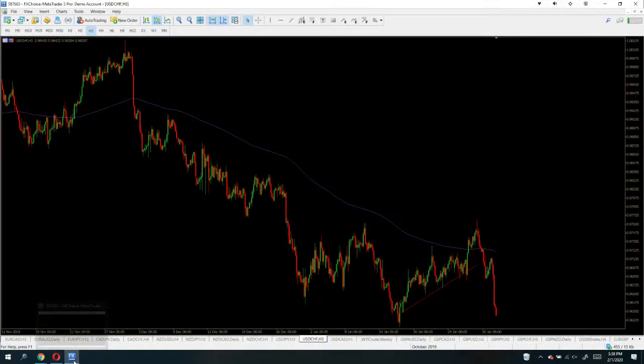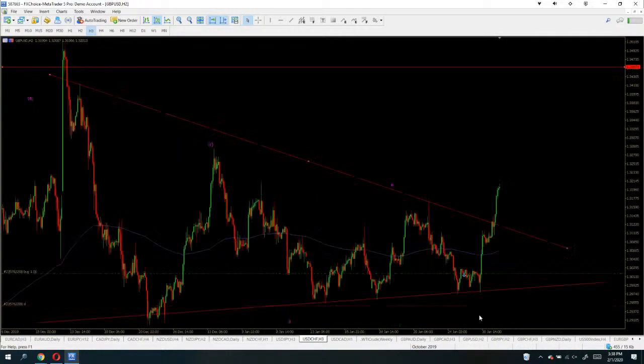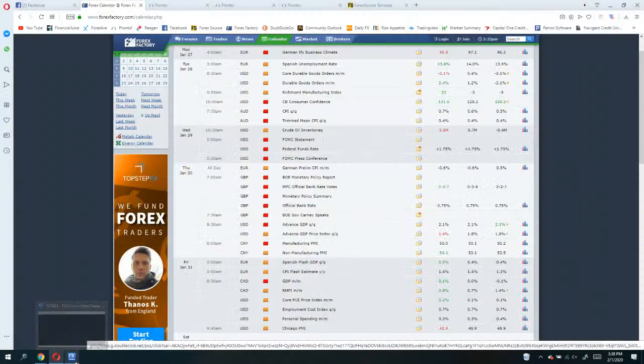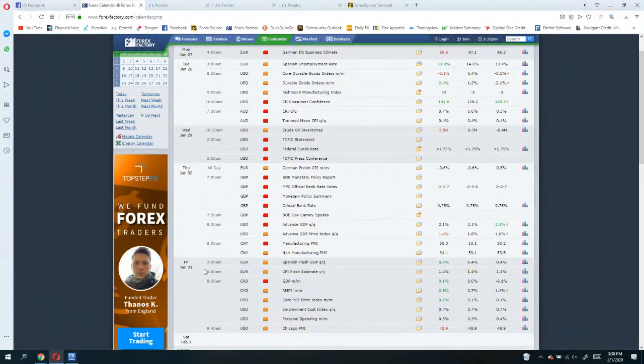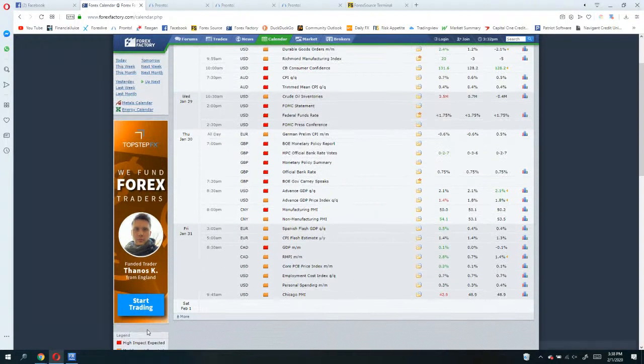So we saw the U.S. dollar tank, and so that's why the pound versus the U.S. dollar was strong, was going up, because again, we had strength in the pound, weakness in the dollar, right? So that's what you want. You want to pair a strong currency against a weak one, and those are the two, I would say, the big news movers for the week.